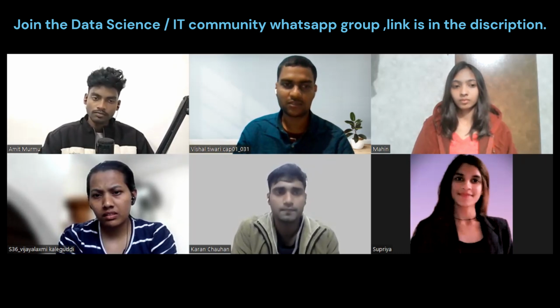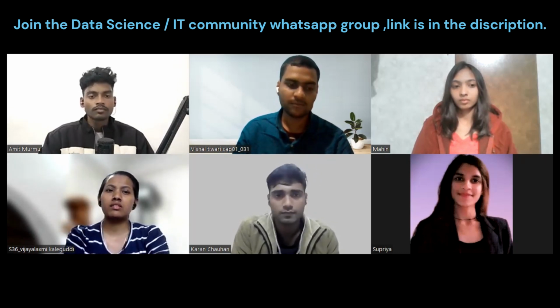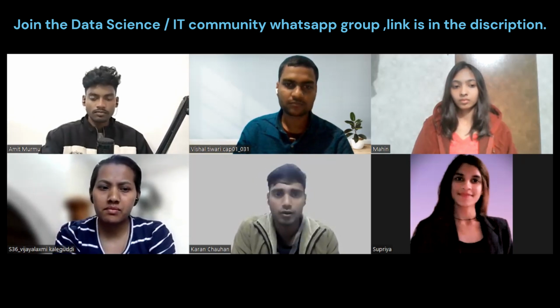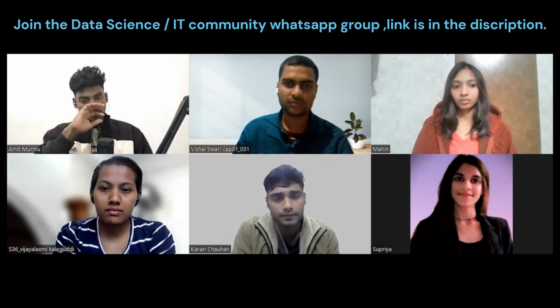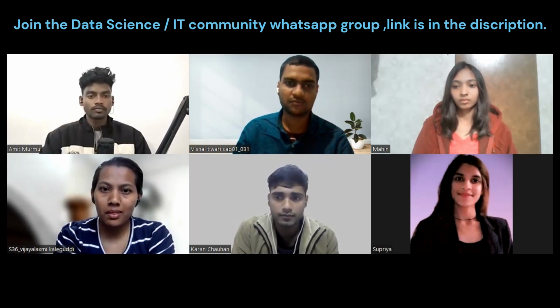So these types of HTML and web pages are called semantic HTML. Non-semantic is when we use div and span. These are the basic differences between both of them.